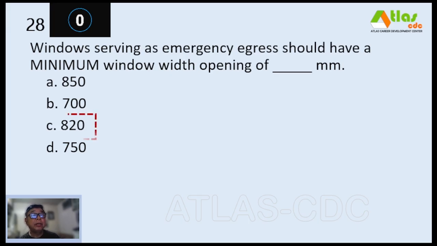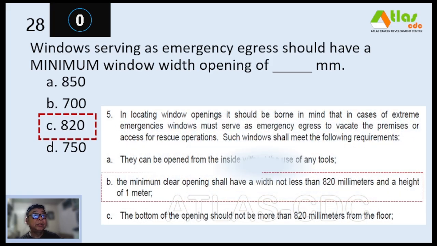And our correct answer is letter C, 820 mm. So again, if you heard or remembered what I've said kanina, the minimum clear opening shall have a width not less than 820 millimeters and a height of 1 meter for the opening.